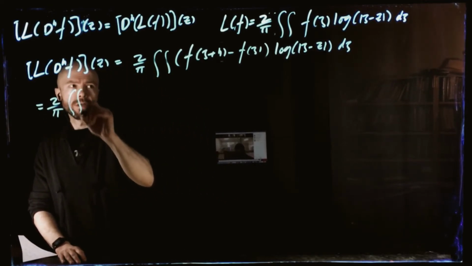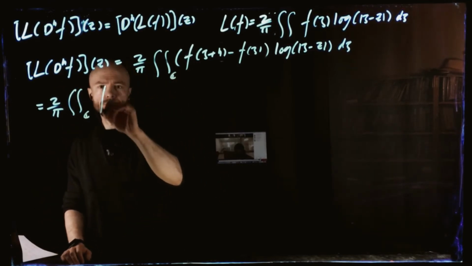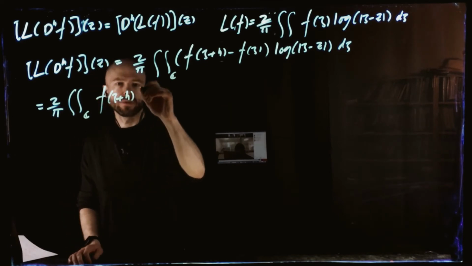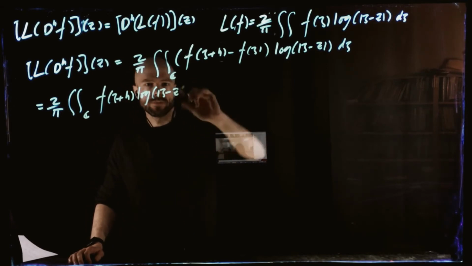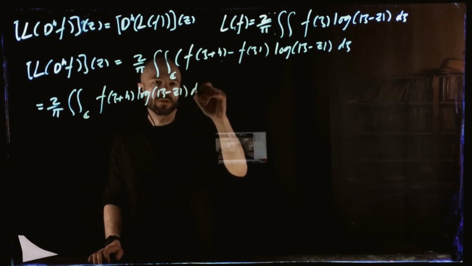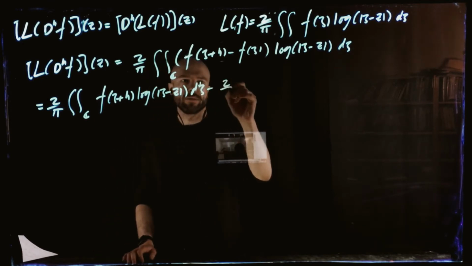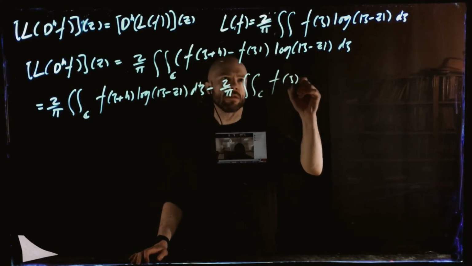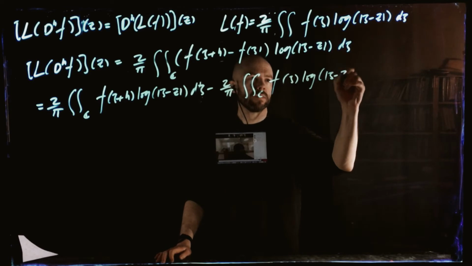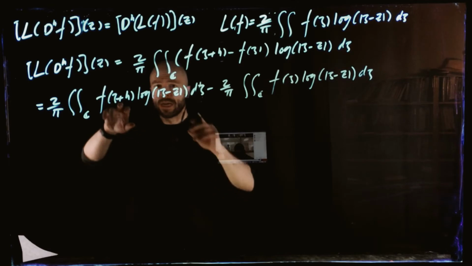Right? So then this is, if we write this out separately, over the entire complex plane, then we'll have d zeta minus 2 over pi d zeta, just like this. And now we can do this change of variables.